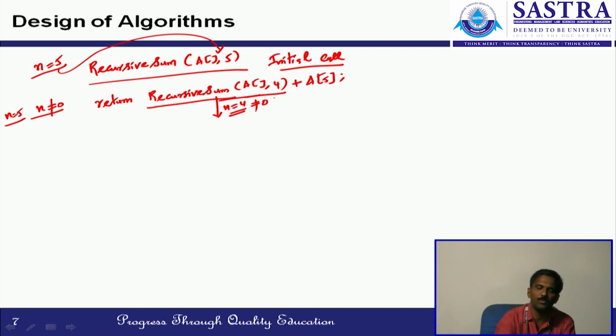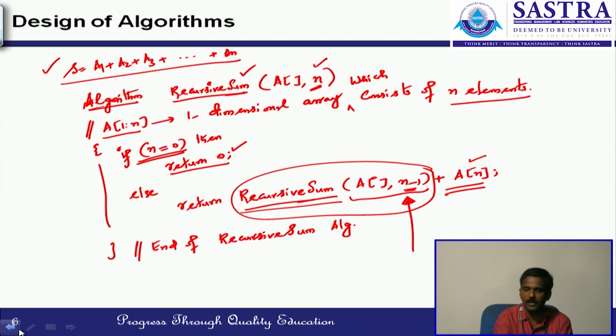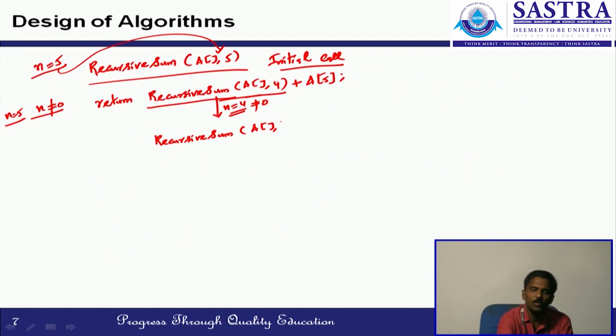This is not equal to 0. This invokes a recursive call, recursive sum A array comma n minus 1, current n is 4, 4 minus 1, 3, plus A4 is separated.